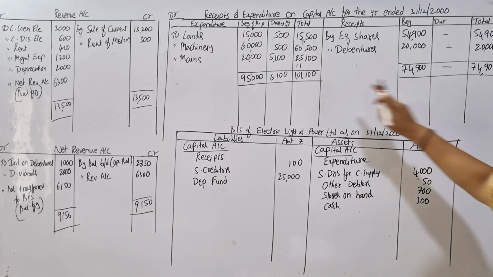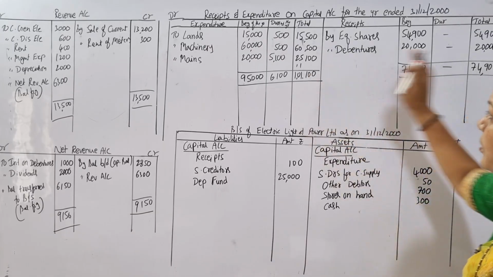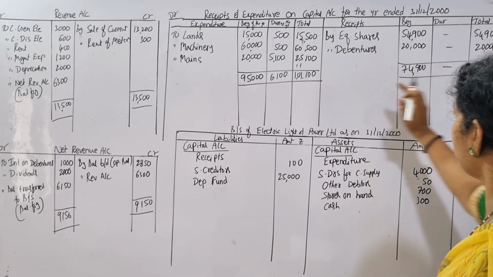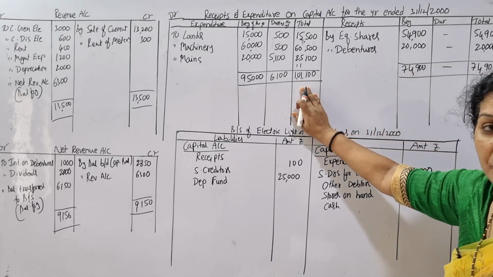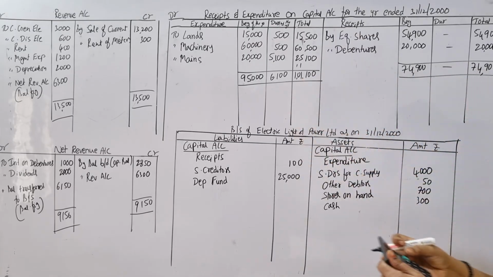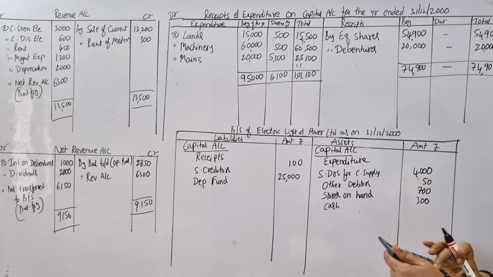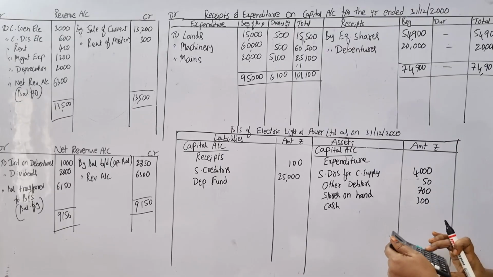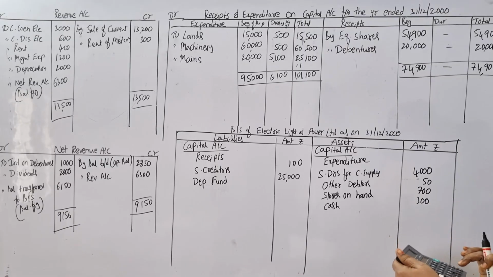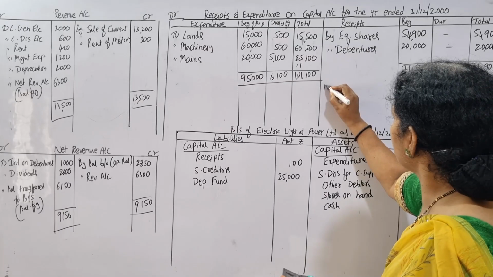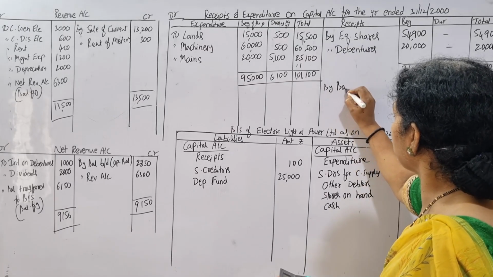Now what we'll do? We have to balance both. So balancing figure, where does it come? Credit side is less, debit side is more. So 1,01,100 minus 74,900, which comes to 26,200. So this is 'by balance' in capital account.